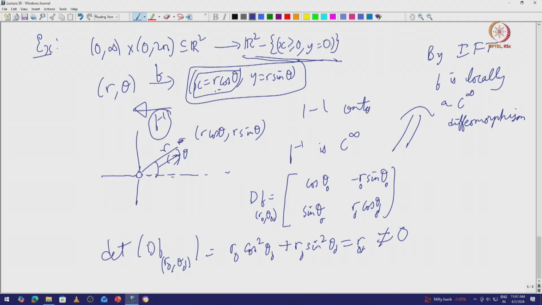So by the inverse function theorem, if f inverse exists, it will coincide with the local inverse. The inverse is unique if it exists, and we know that the inverse is smooth locally, and therefore f inverse is actually smooth. You do not even need to know the formula for f inverse. The inverse function theorem tells you directly it is smooth. So, this is an example of a diffeomorphism between this open set and this open set of R2.